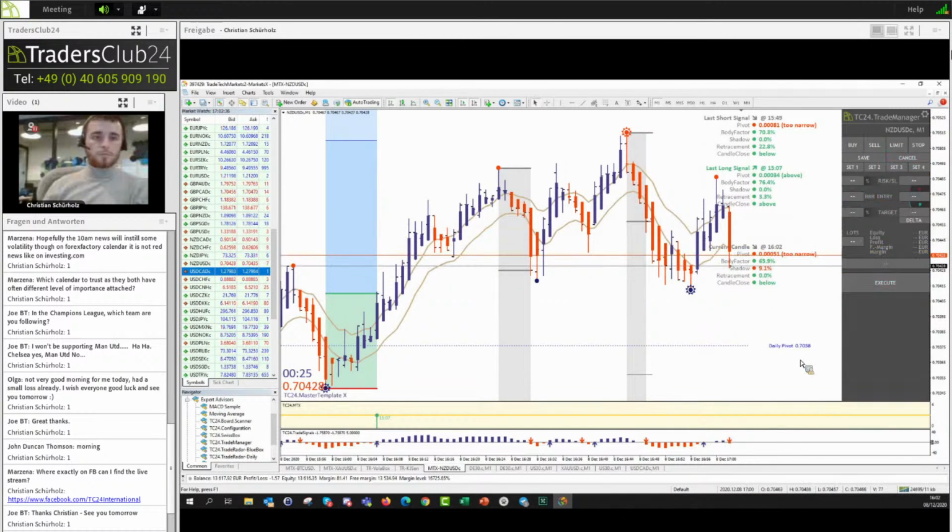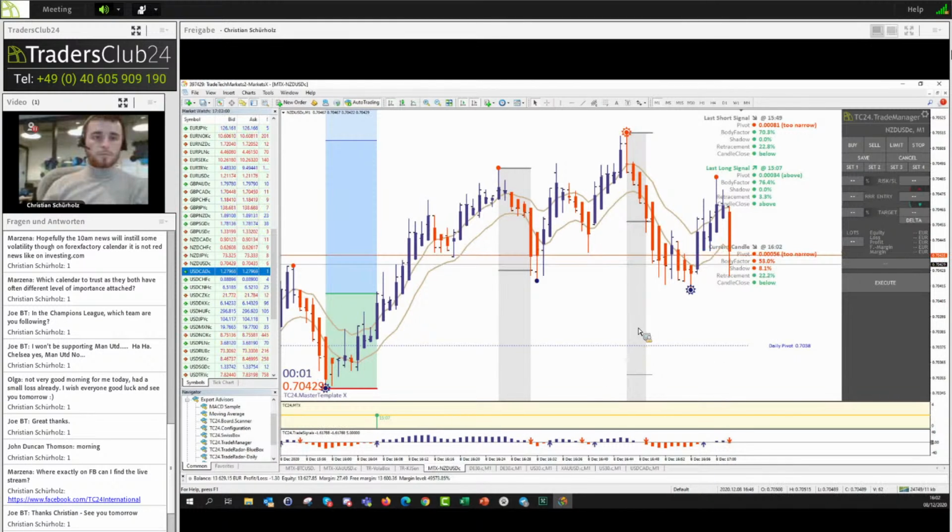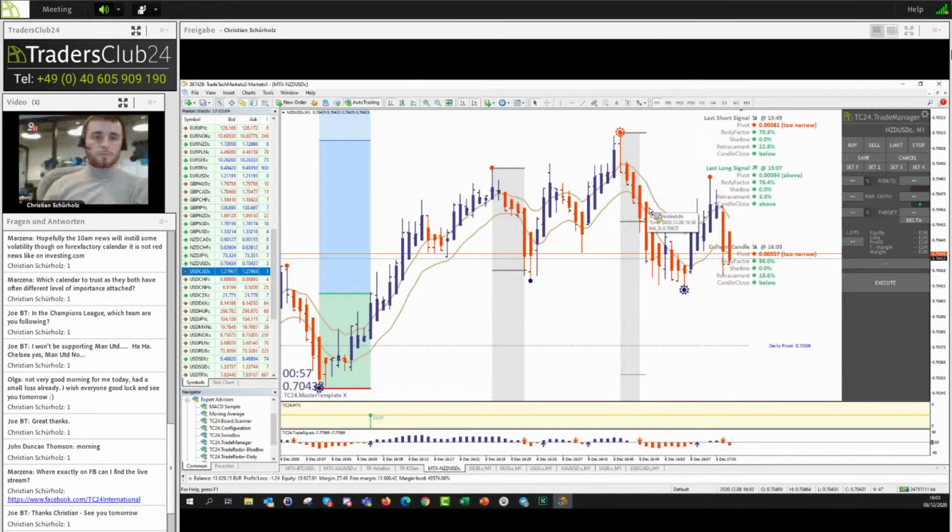That would not be. As you can see, we would have been nearing our stop loss down here if we had taken that. So we've got a signal pointing down for a sell here, but again, the last sun wasn't a red sun. This isn't a signal candle. But this was a correct signal earlier.